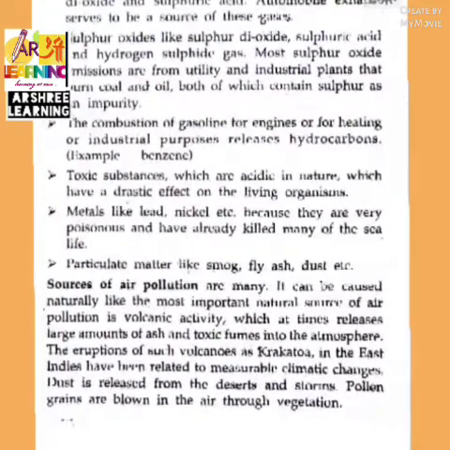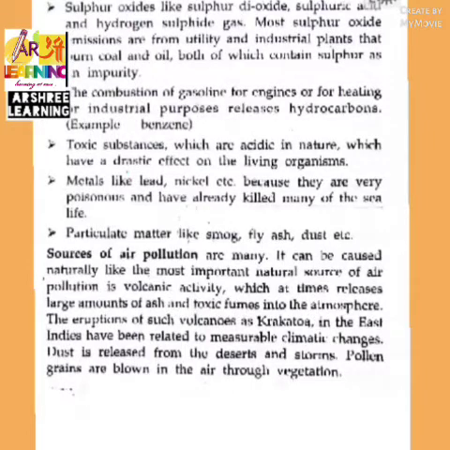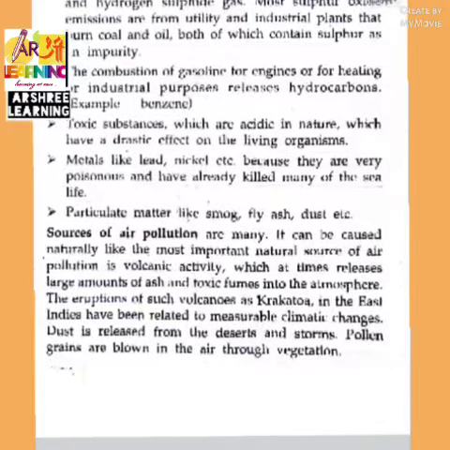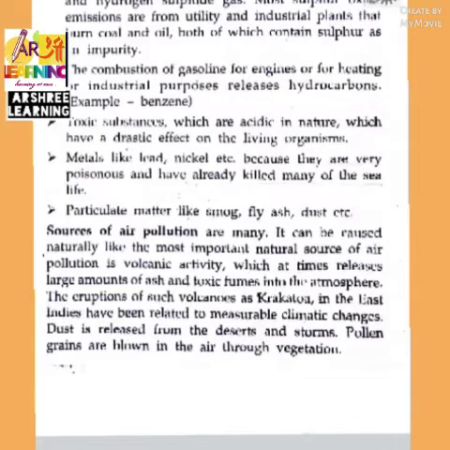What are the sources of air pollution? The sources of air pollution are many. Air pollution can be caused naturally. The most important natural source of air pollution is volcanic activity. Whenever there is volcanic activity, it produces a large amount of dust and gases.